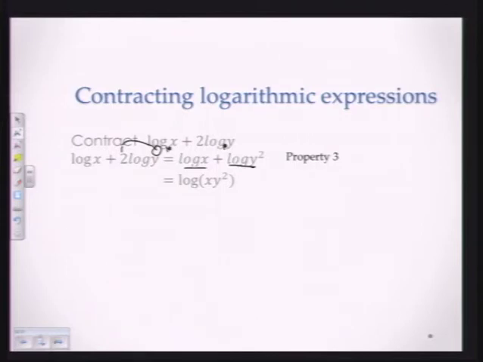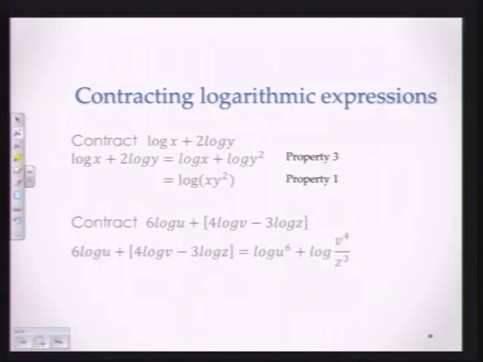Let's look at another one of those. Let's say that we have 6 log u plus, in brackets, and the brackets are important here, 4 log v minus 3 log z. Now, in all of algebra, we look at the bracketed expression first. And in this case, we can turn that into the log of u to the 6th.